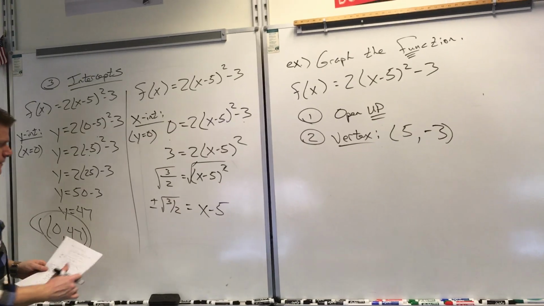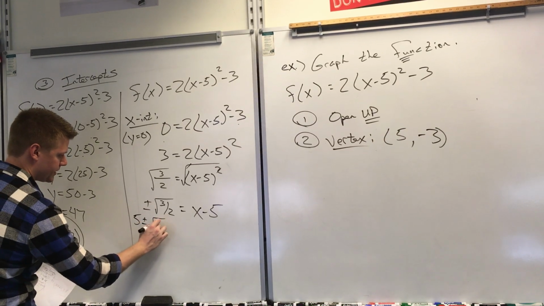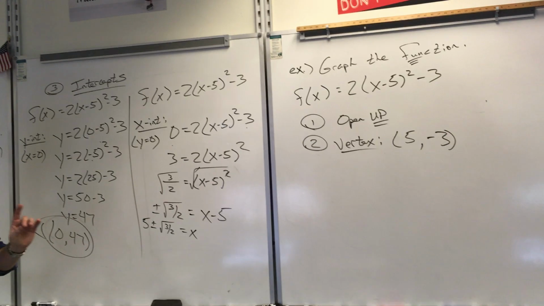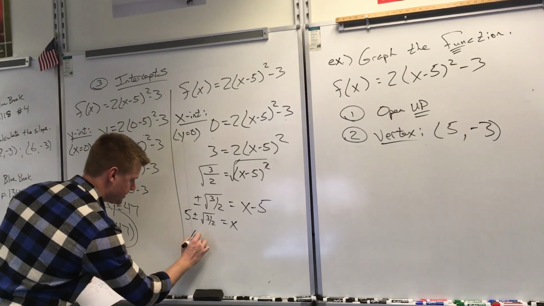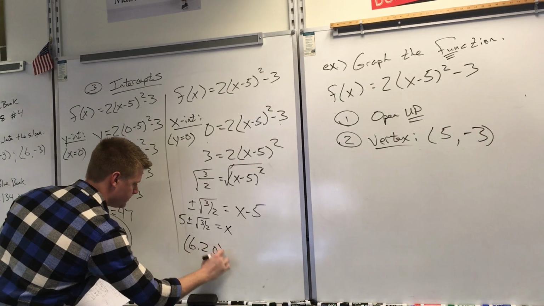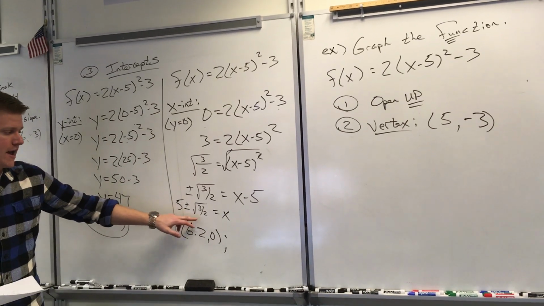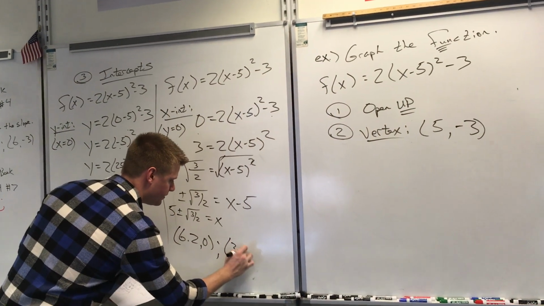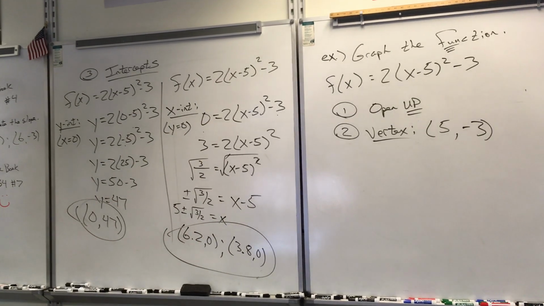Add 5 to everything. We would get 5 plus or minus the square root of 3/2 equal to x. And again, 2 approximations: 5 plus the square root of 3/2 is approximately 6.2, 5 minus the square root of 3/2 is approximately 3.8. Again, giving us 2 more ordered pairs that we would be able to plot here.